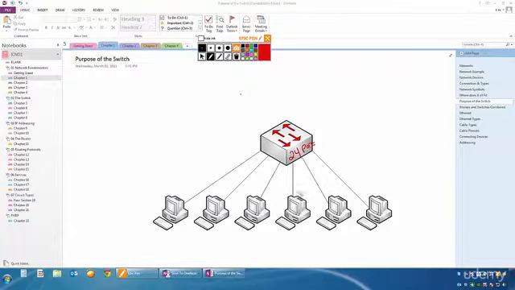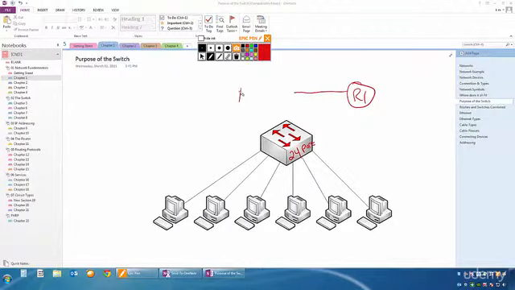Which means if I had 24 ports all used up, there's no way these PCs would be able to communicate with any other network, because you would need a router to plug into this switch. And guess what? A router takes up a port.